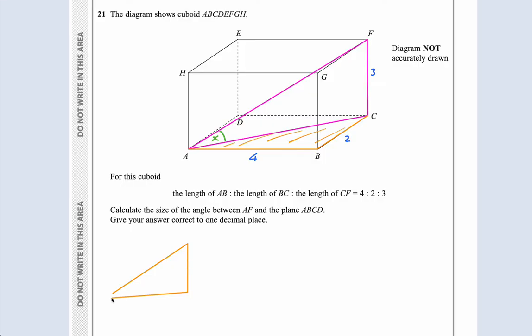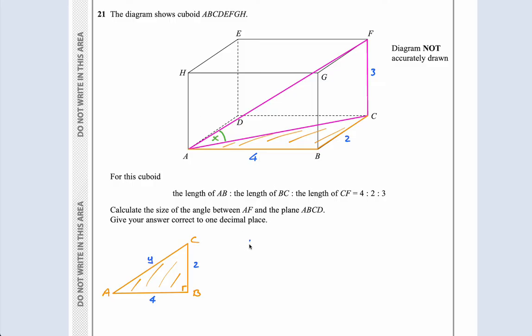That's a right angle. This is A, B, C. Why is it a right angle triangle? Because this is a cuboid. This is a rectangle. It's just drawn in 3D. So if AB is 4 and this is 2, I can get this length here, let's call it Y, using Pythagoras' theorem.